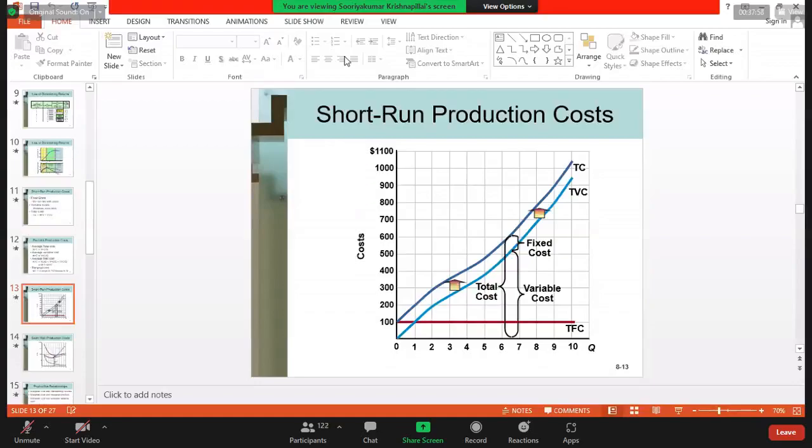It is decreasing because the marginal product increases up to a certain point. Each additional labor or material produces more and more, so each additional output costs less.